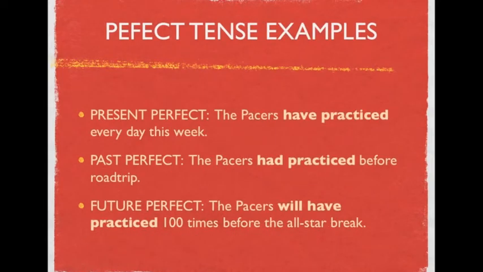Here are some examples. Talking about the present. Okay? Present perfect. The Pacers have practiced every day this week. Okay? If you look at this, for that tense, all you really have is take your past tense, and every single perfect tense, you start with your past tense verb, okay?